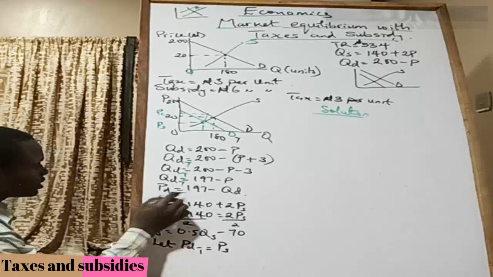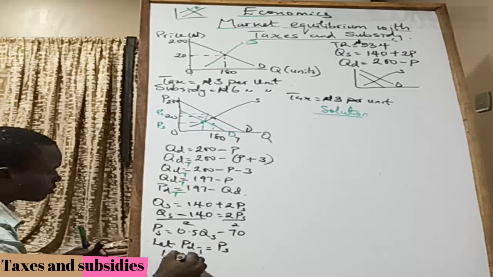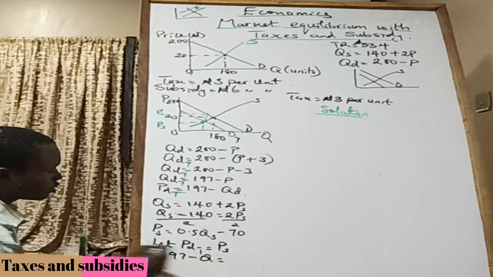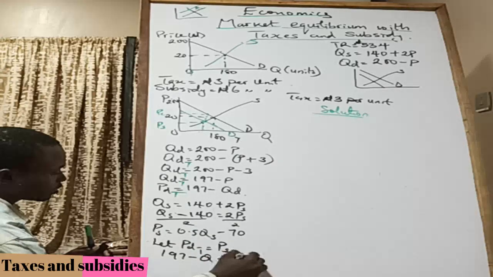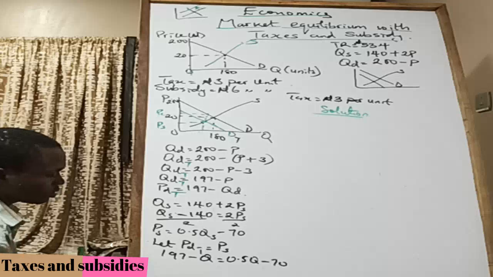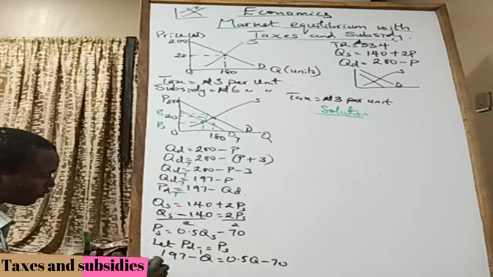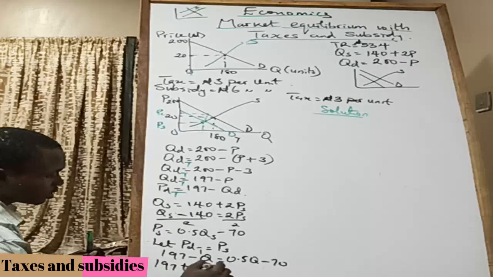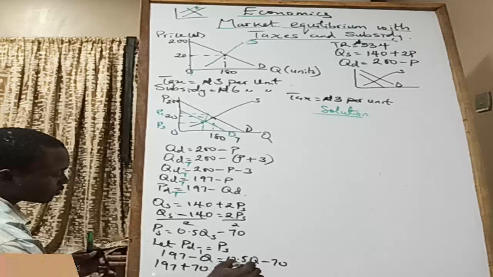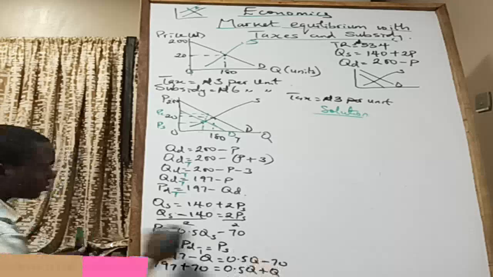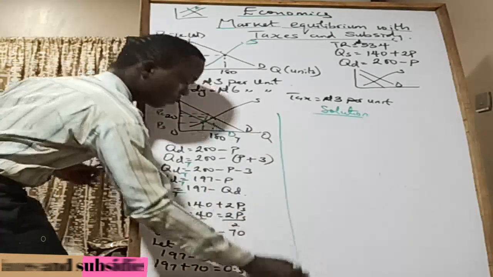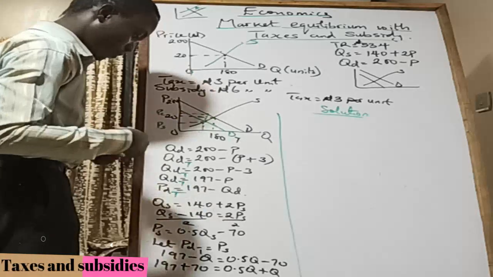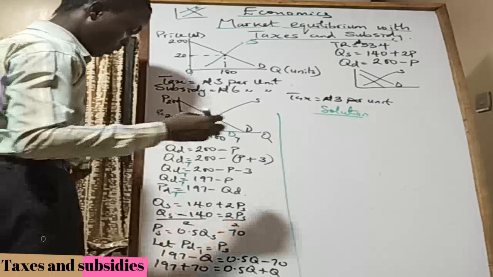So PDT, we'll be having 197 minus Q equals 0.5 Q minus 70. So we have 197 plus 70 equals 0.5 Q plus Q. From there we have 197 plus 70, that's 267.